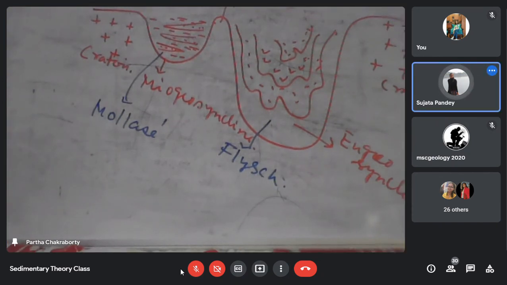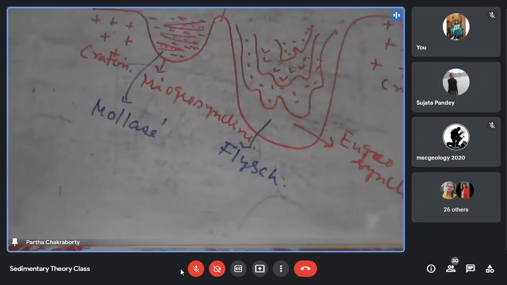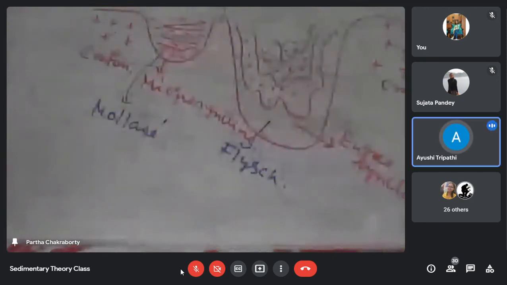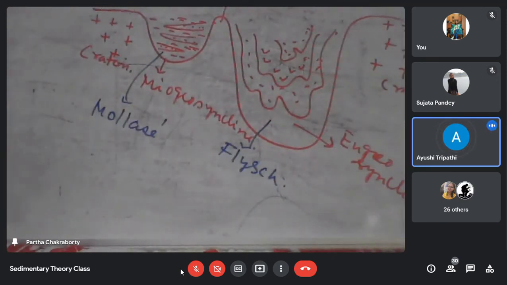Miogeosyncline. So please adjust the screen. The upper part is not visible.